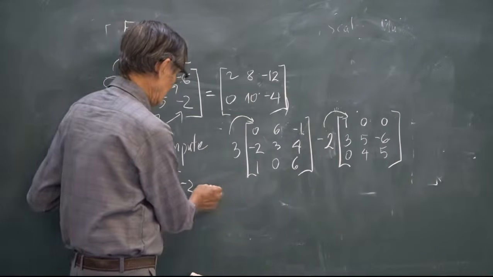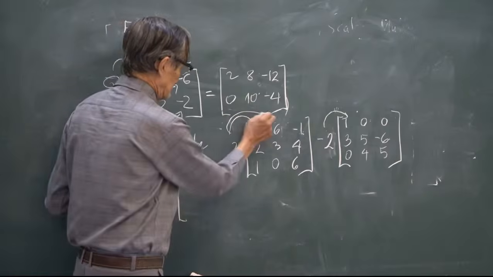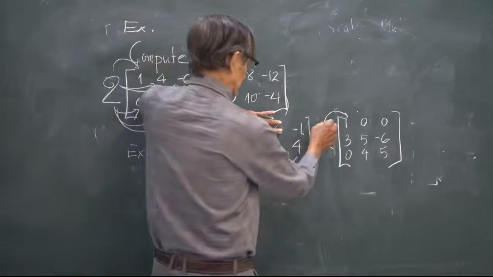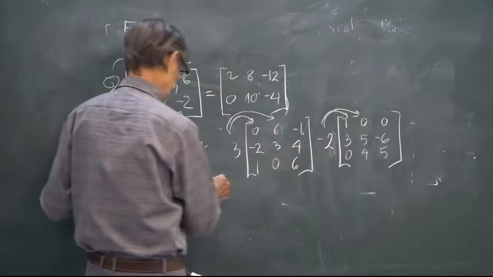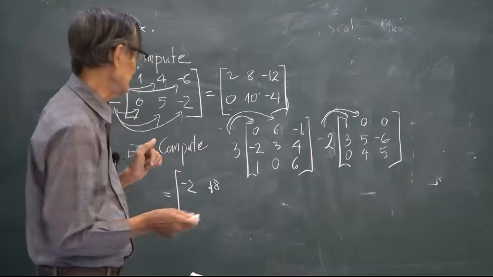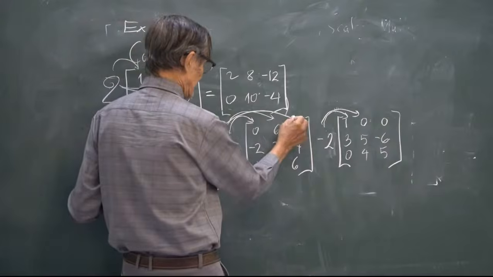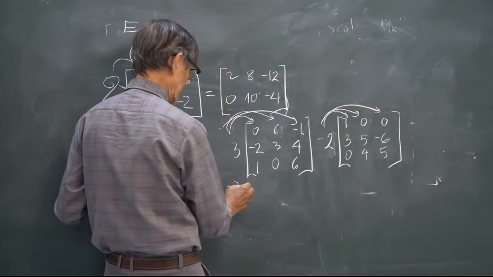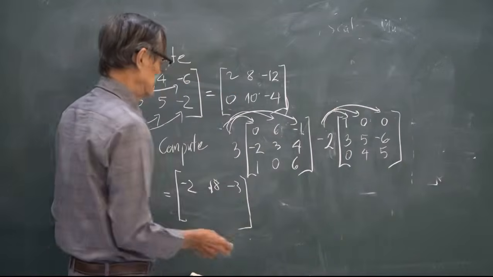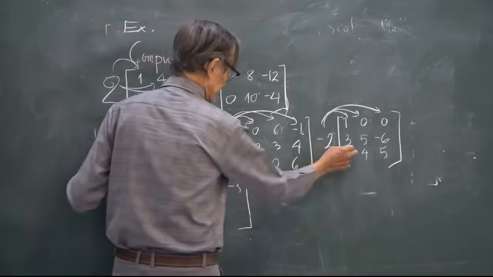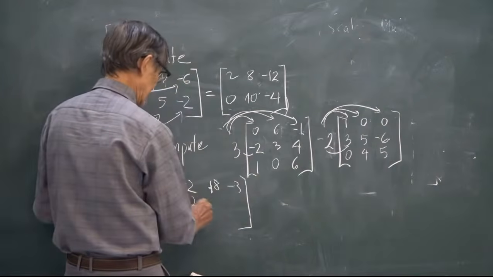And here, row 2, column 2. 18, 0, 18. Okay? Here, minus 3, 0, minus 3. Minus 6, minus 6, minus 12.